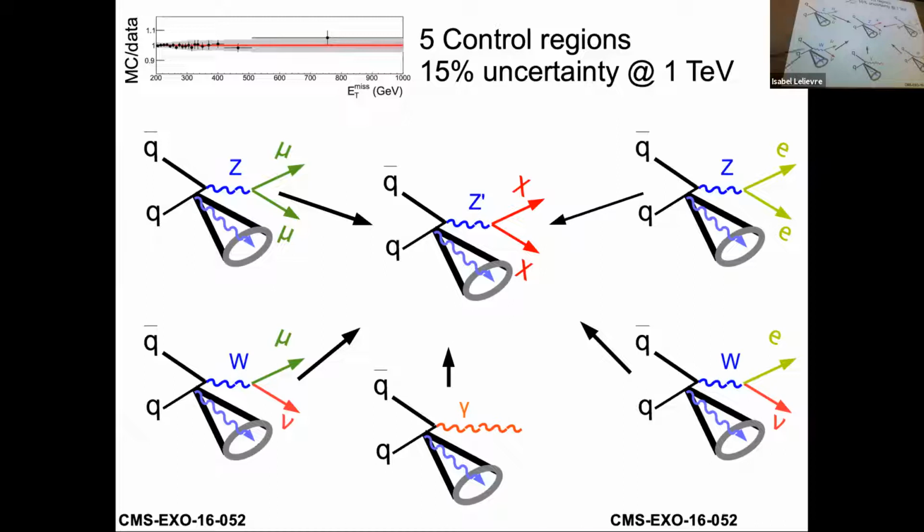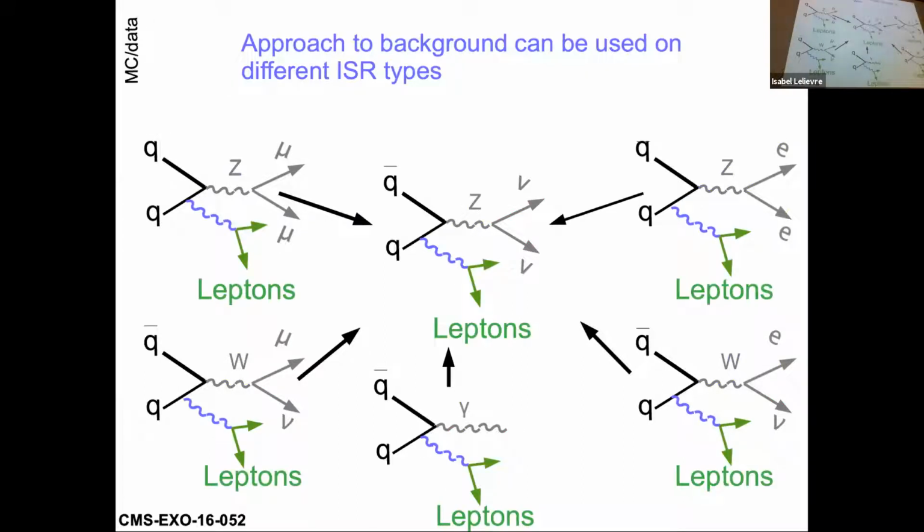We would replace the monojet, take these final states and have them mimic the Z to neutrinos, but replace the jet with leptons. So you can imagine a Z boson going to leptons.